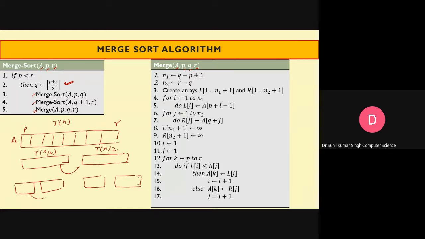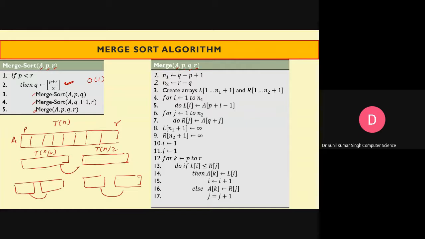So merging will be required here also. This merging operation will be called. Now look at here. This division takes order of 1, because it is a single step and there is not much cost associated. It takes constant time, and these are the recursive steps dealt with Tn by 2, then Tn by 4, and so on.